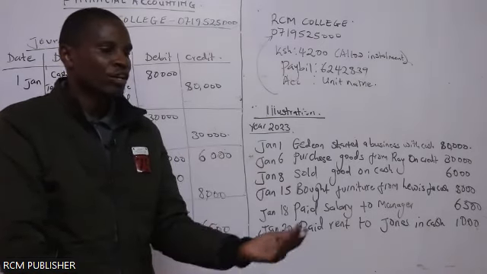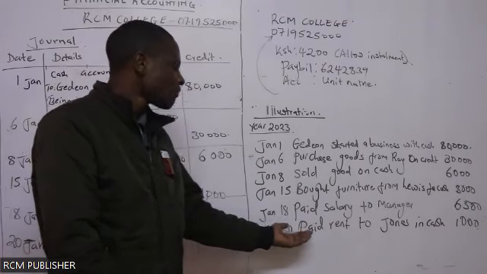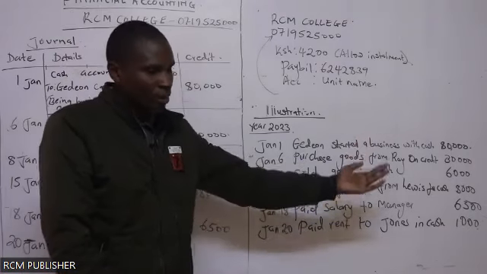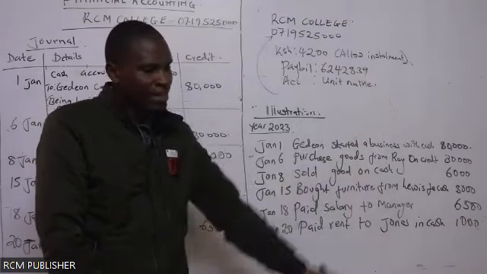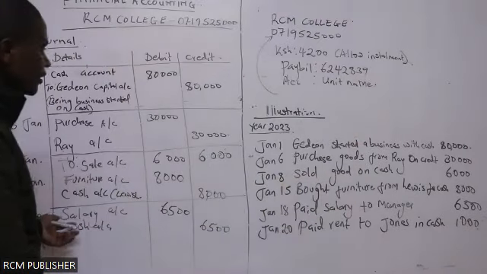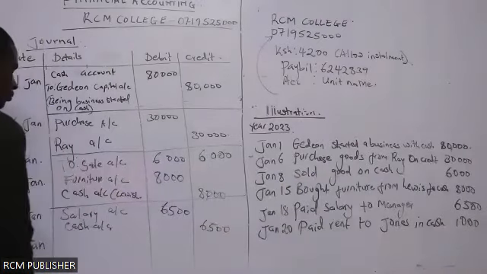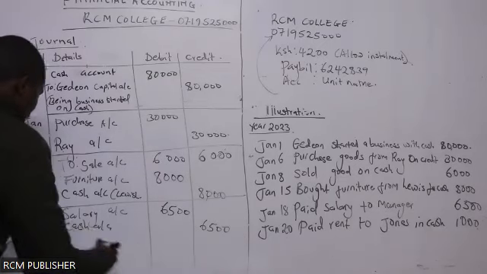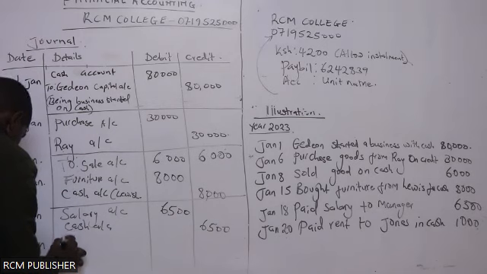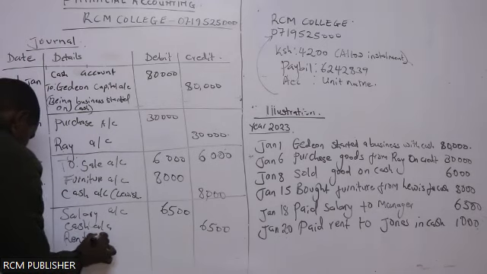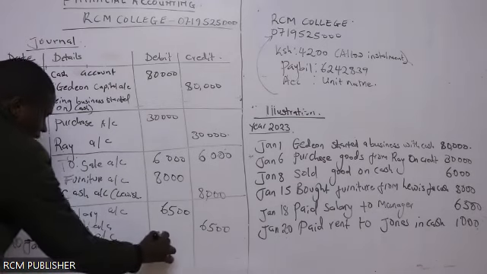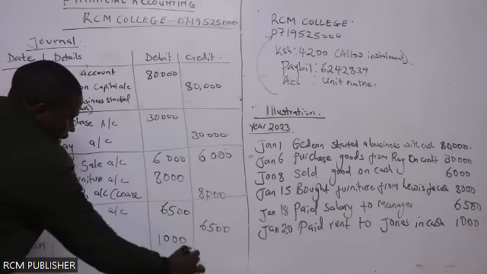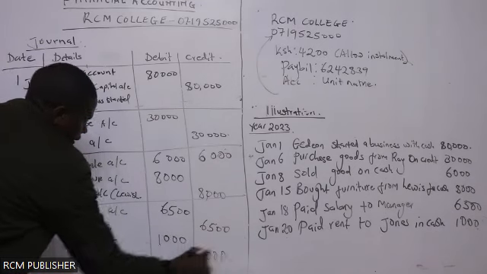And therefore, if it is reducing, you have to debit the rent account. We are debiting that rent account, and then we credit the cash if you are paying through cash. So we are debiting the rent account with 1,000, and then you credit the cash account.